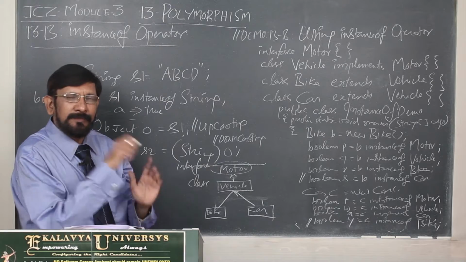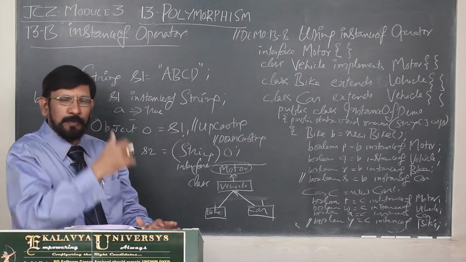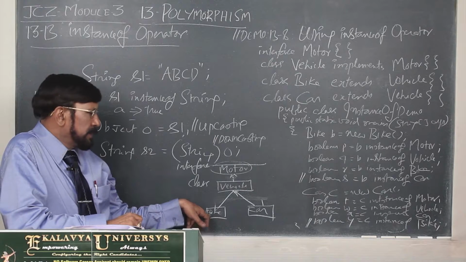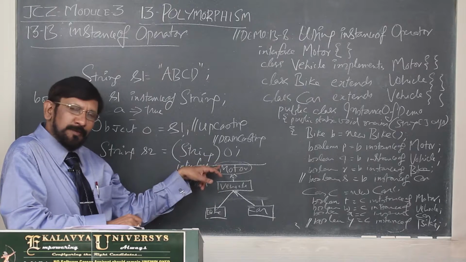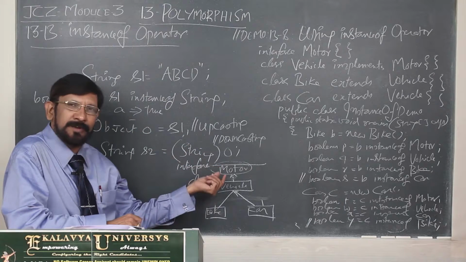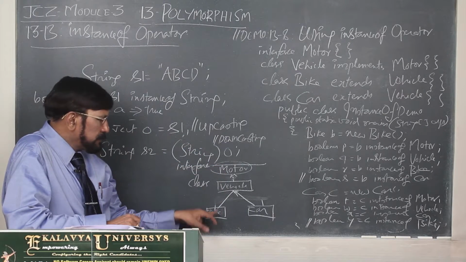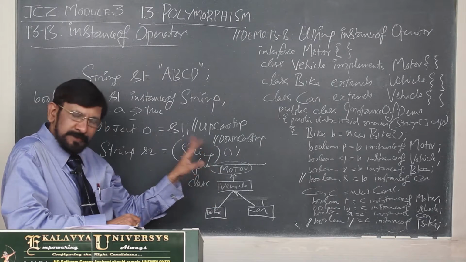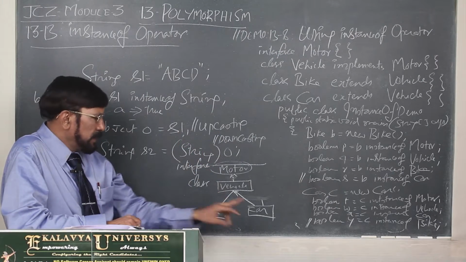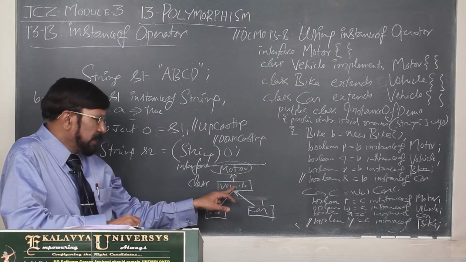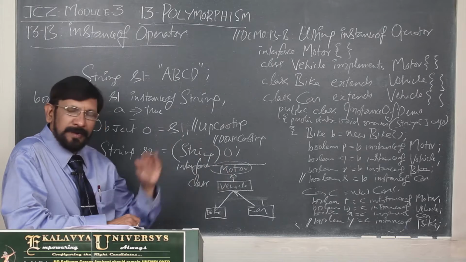Bike is the Vehicle type as well as the Motor type. Motor may be an interface, but Bike is Vehicle type and Motor type also. In the same manner, Car is Vehicle type and Motor type.